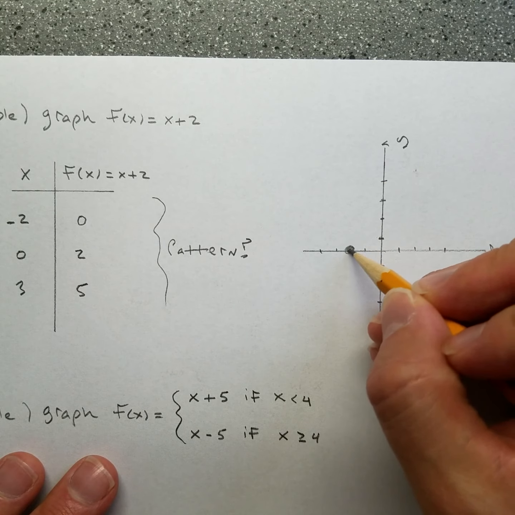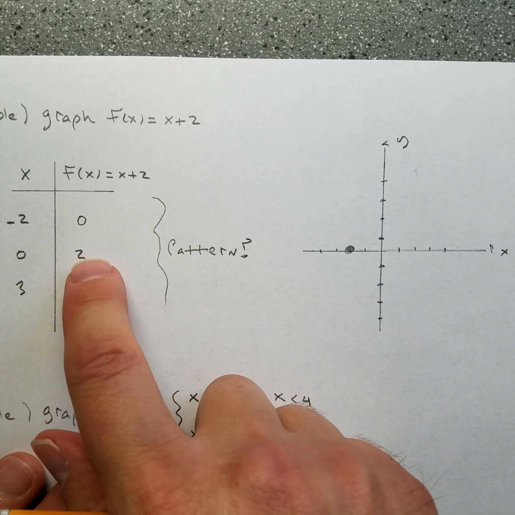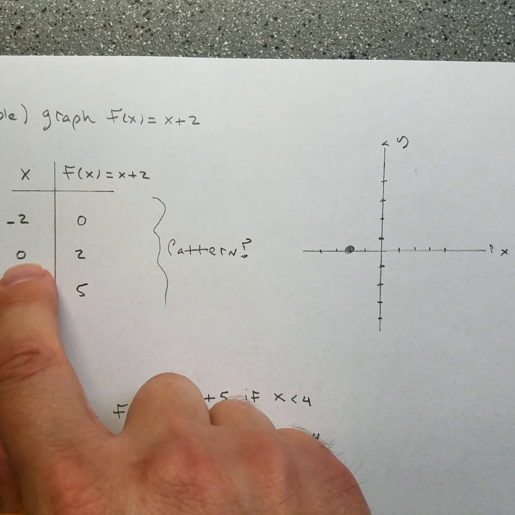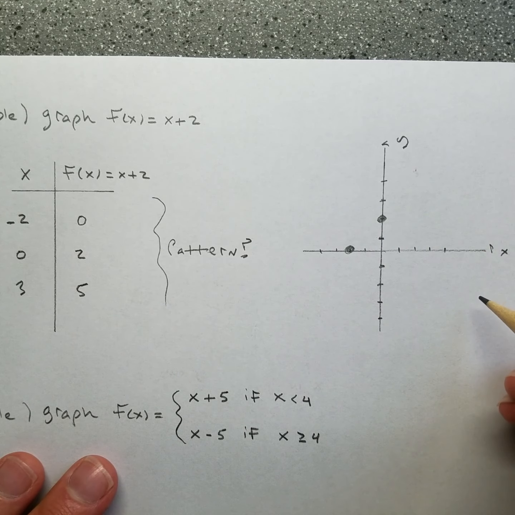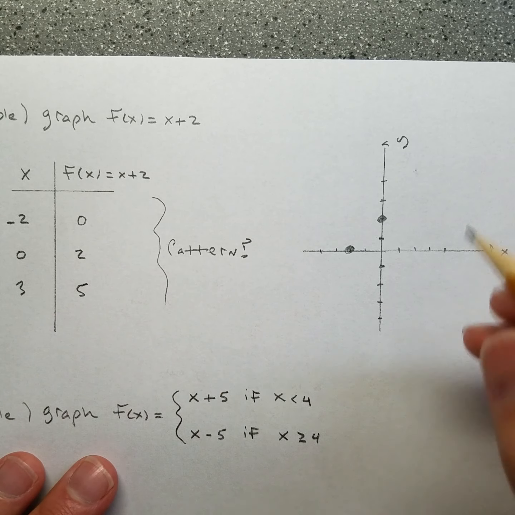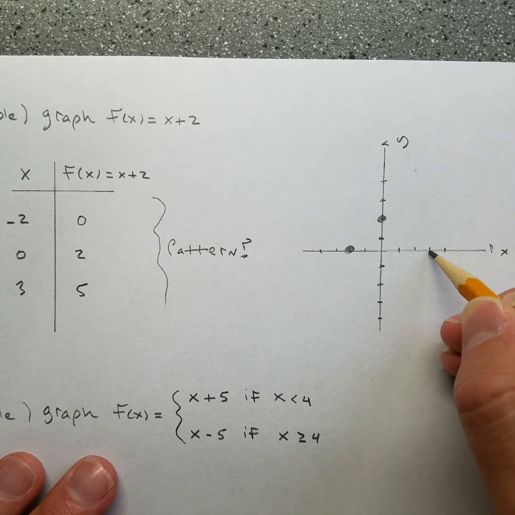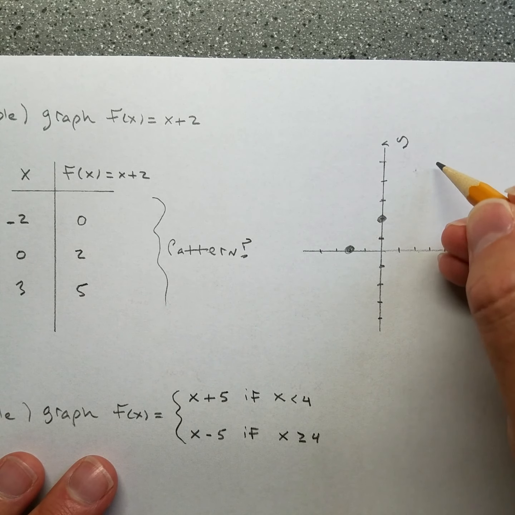That's here. Second point, 0 for x, 2 for y. So no left or right, up 2. Here. And the last point, 3 for x, 5 for y. So 3 to the right, then 1, 2, 3, 4, 5 up. So I get right there.